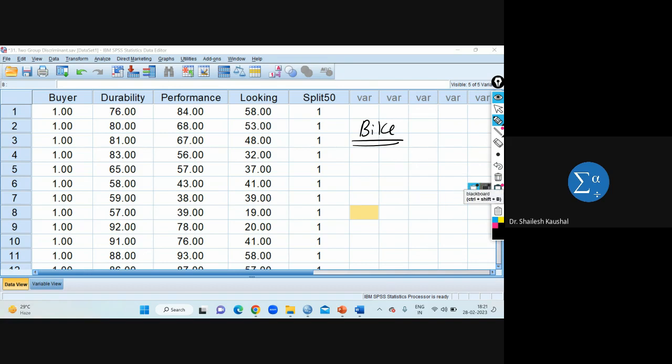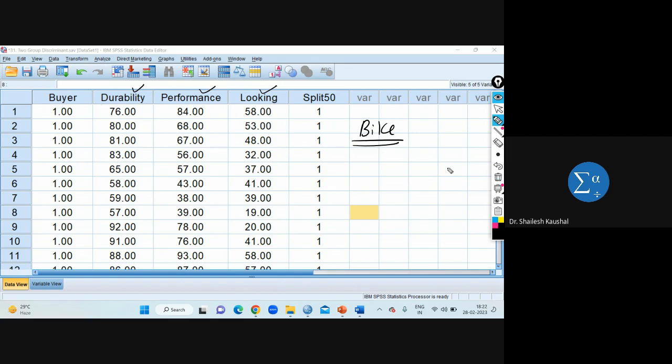From the literature review, we found that buyers give weightage to durability when they buy the product, to performance, and also to looking. Out of the three, durability may be a more important feature to buyers than performance and looking. There is a possibility that looking will be the less important factor for this model.